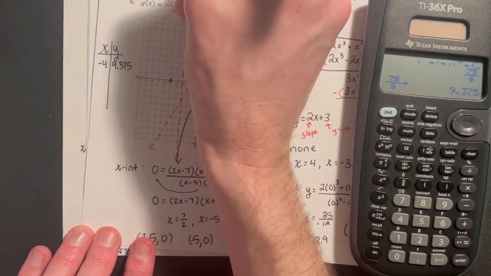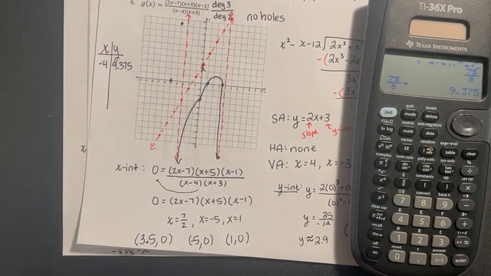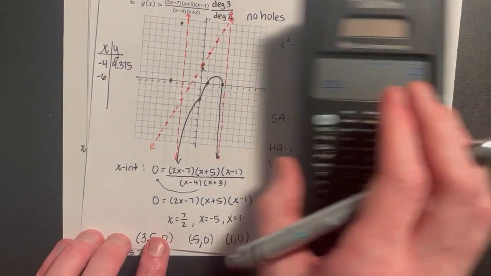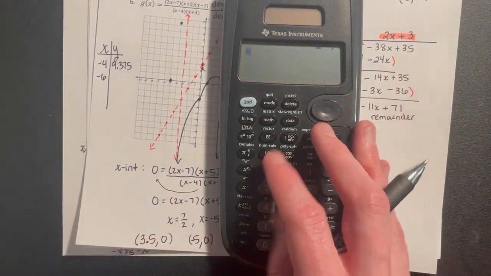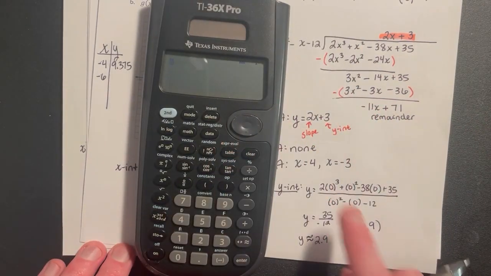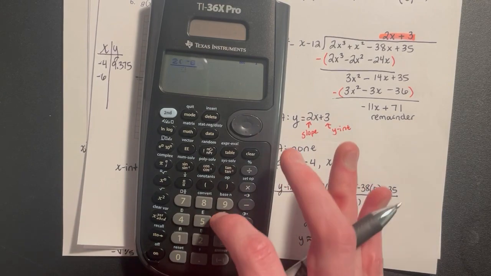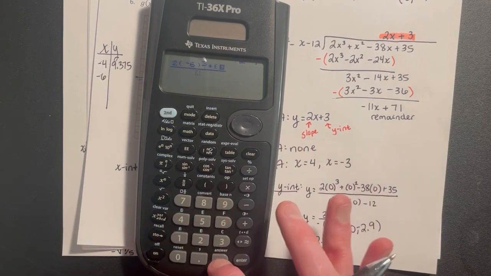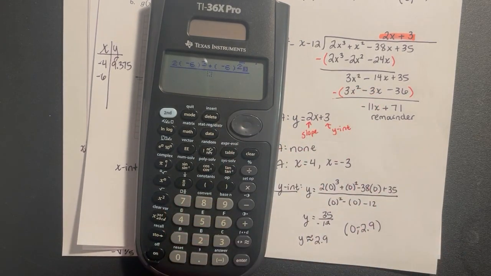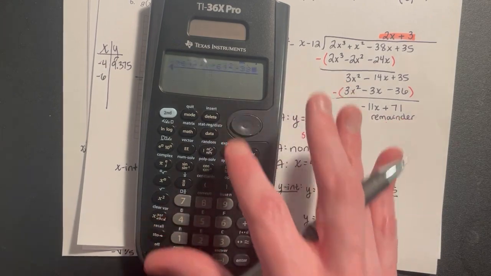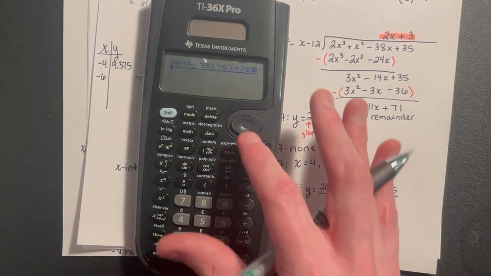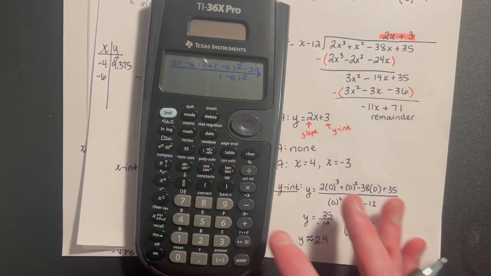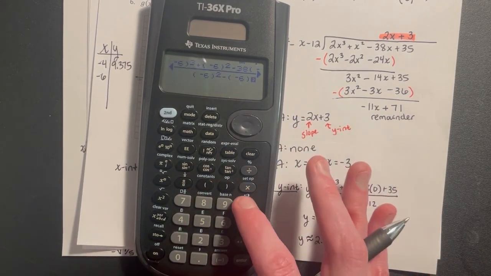That's okay. We are not looking for exact points all the time. Maybe I want to find something around -6. What's happening there? We can do the exact same thing. All right, this time maybe I'll try that standard form equation. So 2 times x cubed, x is -6, plus x squared, so -6 squared, minus 38 times -6 plus 35, over our denominator, -6 squared minus -6 minus 12.